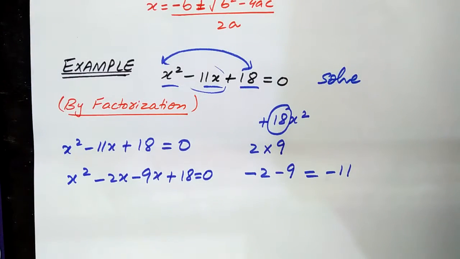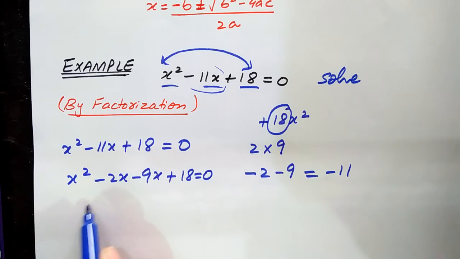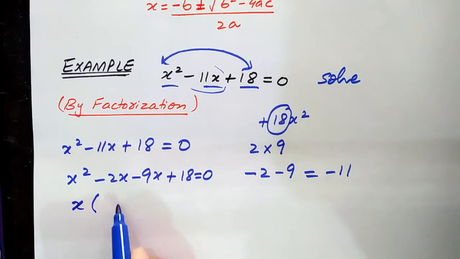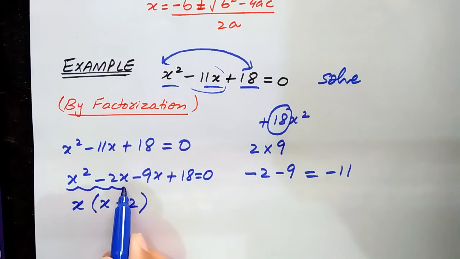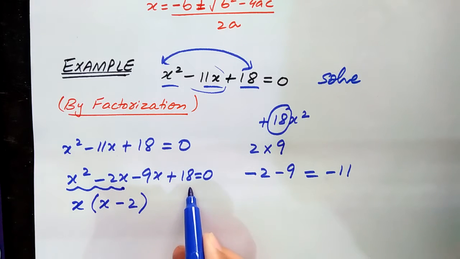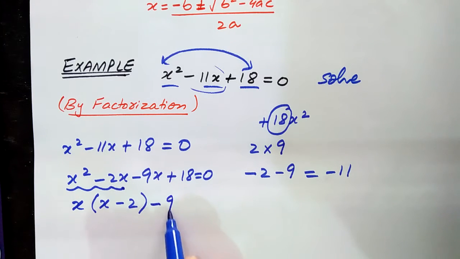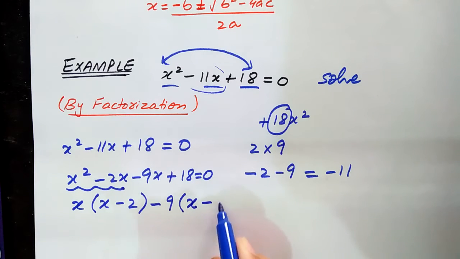Now we will take the common factor from the first two terms. x is common in the first two terms, and when we take it common, what will be left inside? x minus 2. Now from the last two terms, what can be taken out as common? Minus 9 can be taken out as common, and what will be left inside? x minus 2, equals 0.